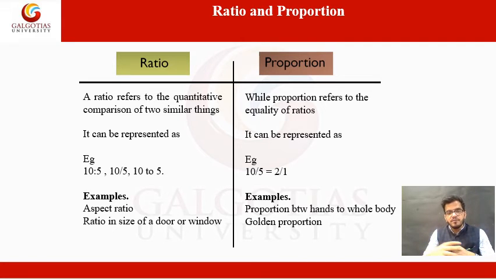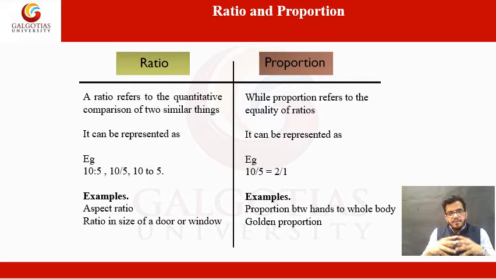While in proportion, when we talk about 10 by 5 or 2 by 1, this means we are talking about something that is in a form of a composition, and the composition has different elements, and one element has a value of 2 units, and another element has a value of 1 unit. But in proportion, these all together are compared in a form of a whole.